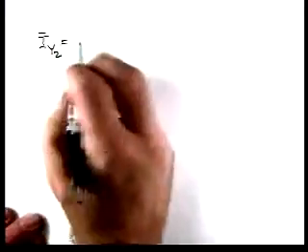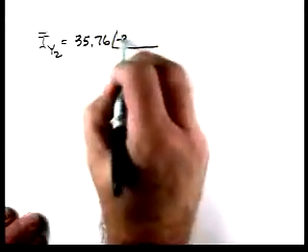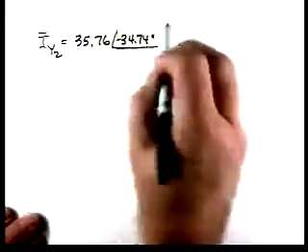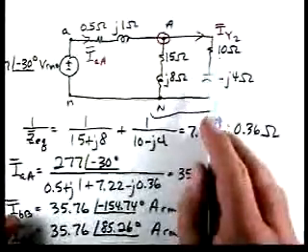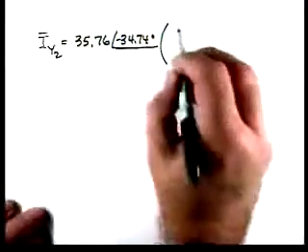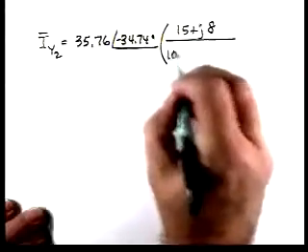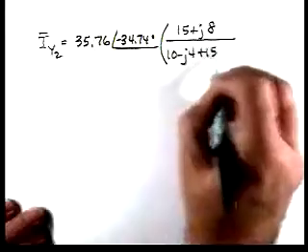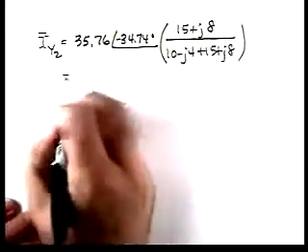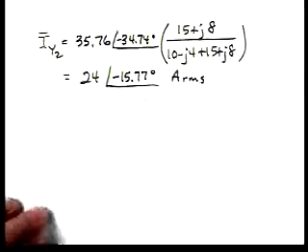IY2 is 35.76 at an angle of minus 34.74. For a current divider, we want the current through this one, so we put this one in the top: 15 plus J8 over 10 minus J4 plus 15 plus J8. That gives us 24 at an angle of minus 15.77 degrees amps RMS.